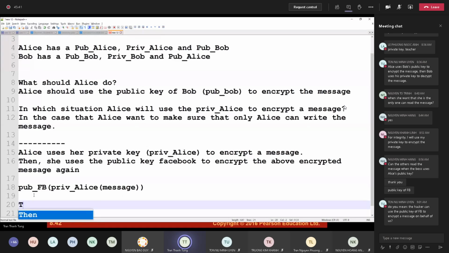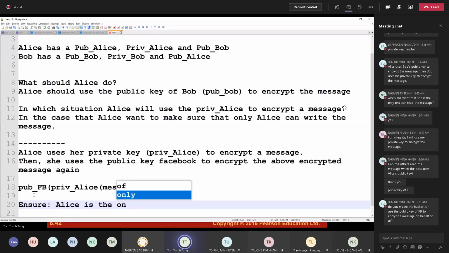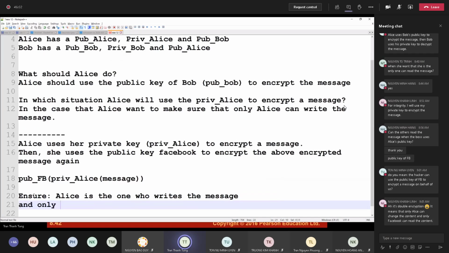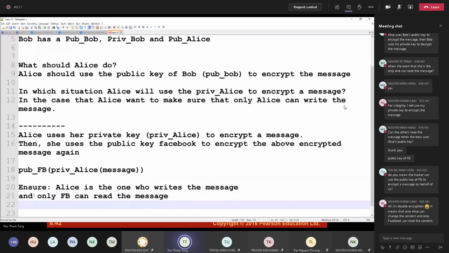We can ensure that only Alice is the one who wrote the message, and, since this is double encryption, only Facebook can read the message.